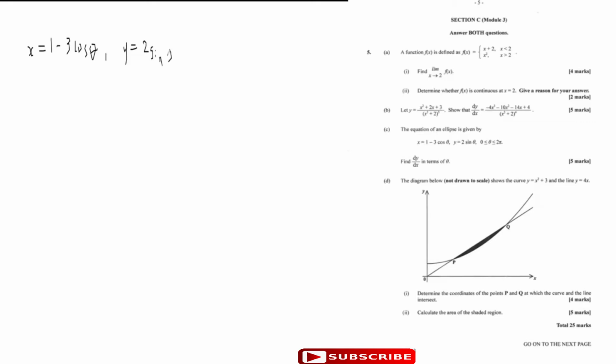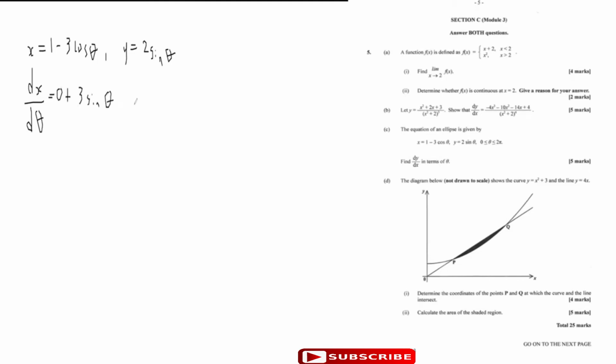And we're to find dy by dx. So first thing is you're going to find dx d theta. We differentiate, why I'm writing t should be theta. So dx d theta is going to be equal to, when you differentiate 1, you get 0. When you differentiate cos, you get minus sine. So it becomes 0 plus 3 sine theta.